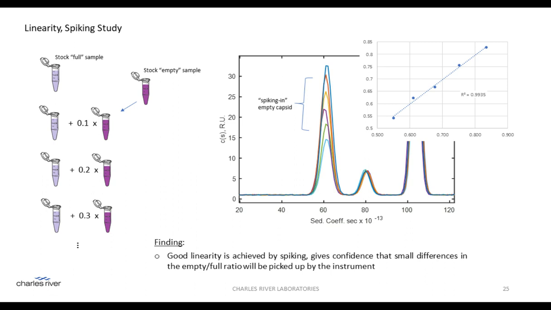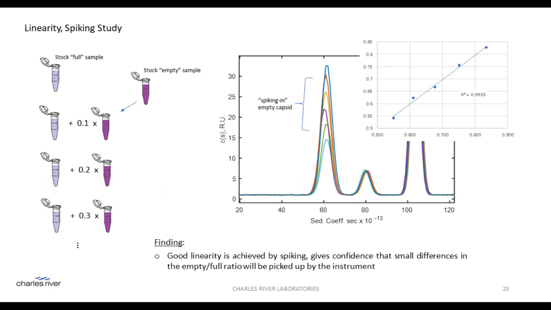And the data shown in the graph indicates that while the species at 80 and 100S remain relatively fixed in their peak shape and size, their percent abundance, the area under the curve for the empty capsid increases linearly in correspondence with the amount of empty capsid spiked in.